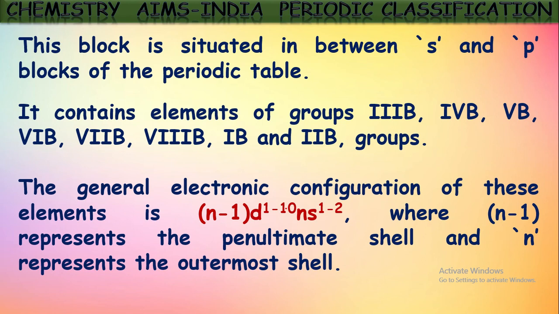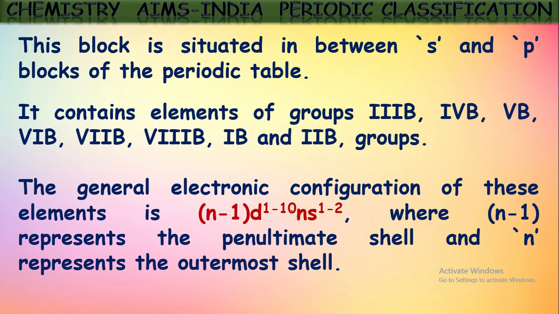But for some elements, there is only one electron in ns subshell. To represent that also, it is written as ns1 or 2, (n-1)d1 to 10. What is that element?